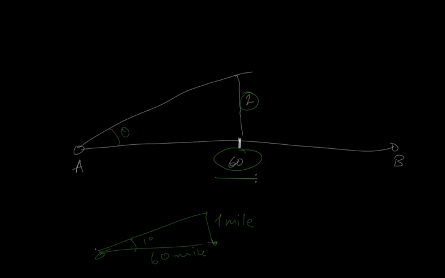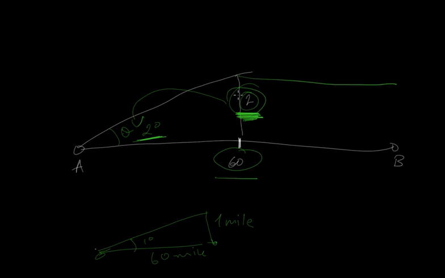We have our 60, and that's standard, but our error of our actual destination changed. It's now 2 miles. So what needs to change? Our angle needs to change. For every 60 miles, if you're 1 mile off track per 1 degree, and you're 2 miles off track, then what degree would it be for 60 miles? Well, it would be 2 degrees. So that's what's needed to go parallel to the track.